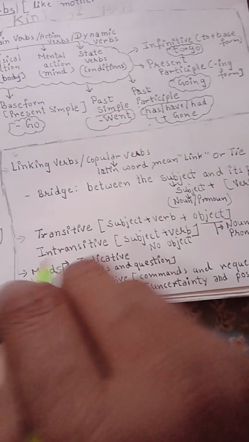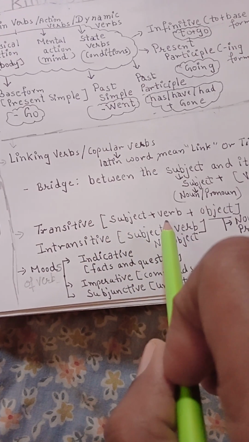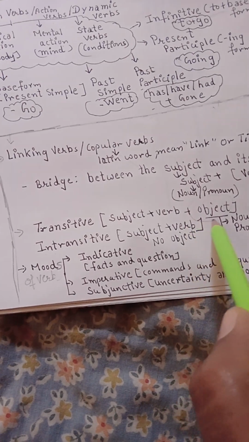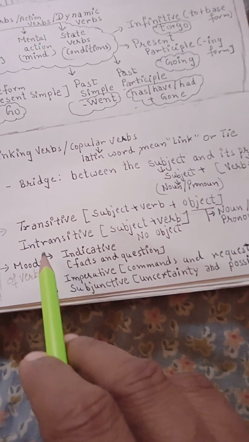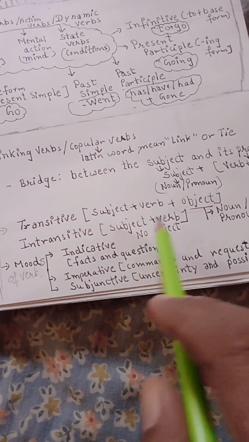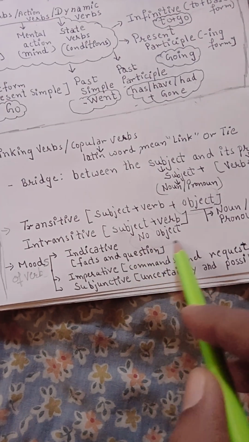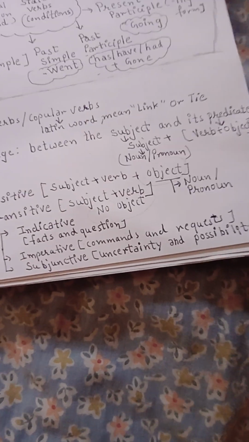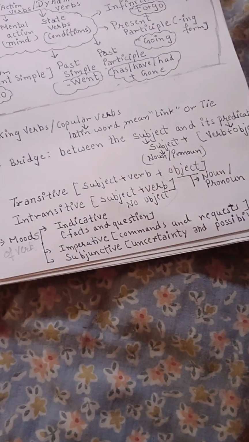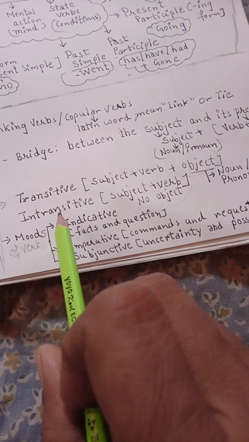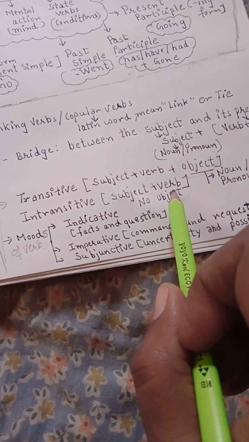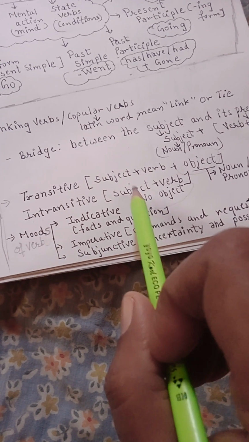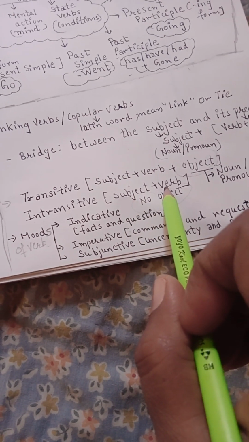Okay, transitive, subject verb object is very compulsory for the transitive. Okay, intransitive, subject verb no object, without object. Object can be noun or pronoun. Okay, and in intransitive no object is used. Okay, like she laughs.